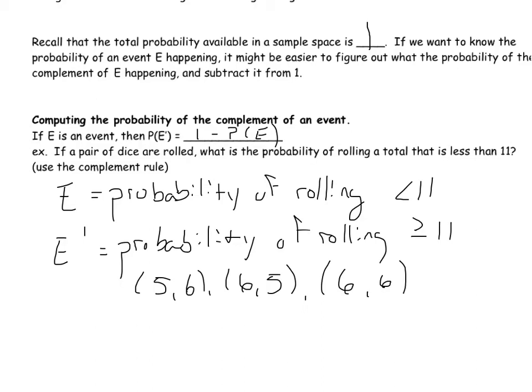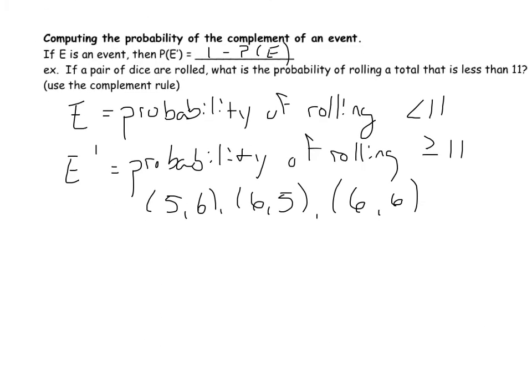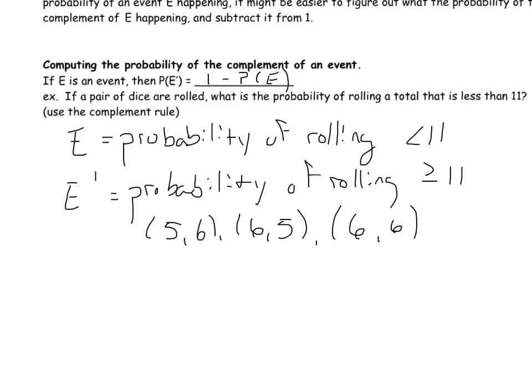So if you think about it that way, the number of ways to roll 2 dice is 36. You recall that because it's 6 times 6 numbers on each die. So the probability of rolling greater than or equal to 11 would be 3 out of 36, because there's 3 ways out of 36.